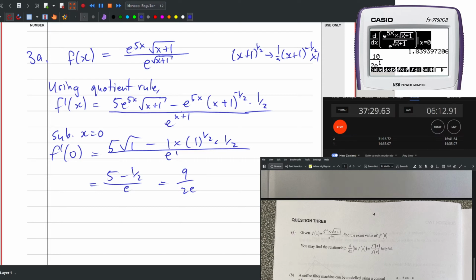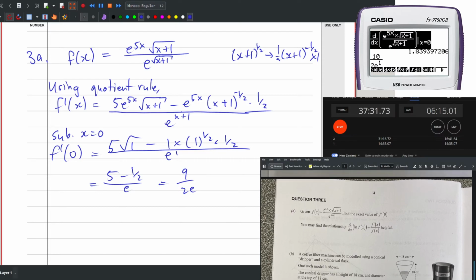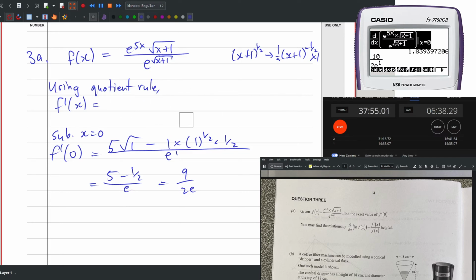Wait, is quotient rule in the text? f times g dash over g. Oh, wait, no, I'm actually stupid. You have to use quotient rule properly, because you differentiate the bottom, not the second one.